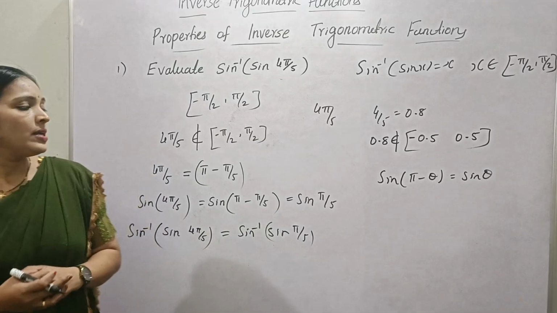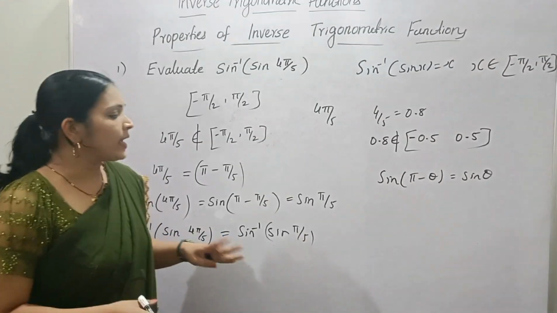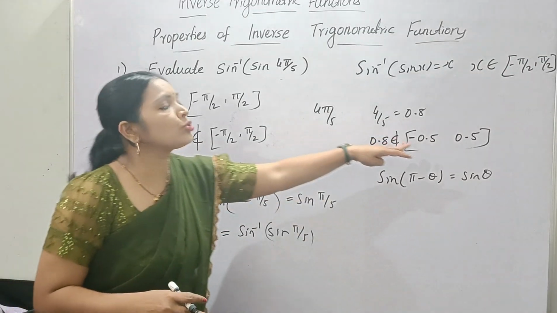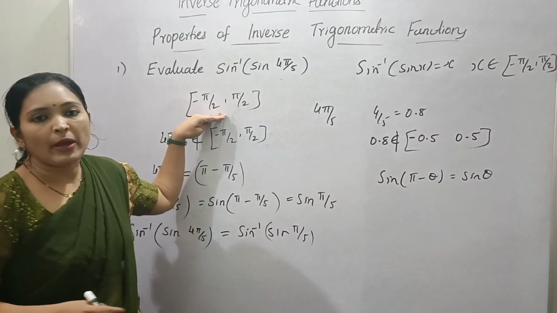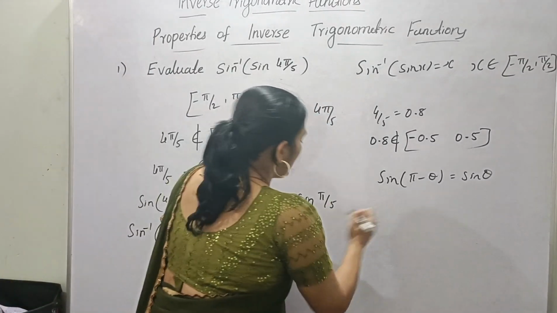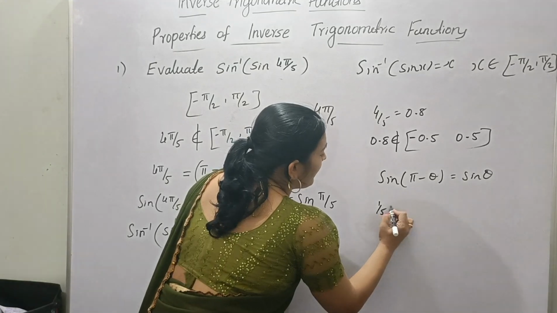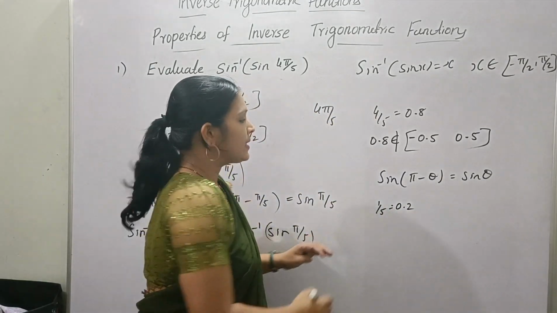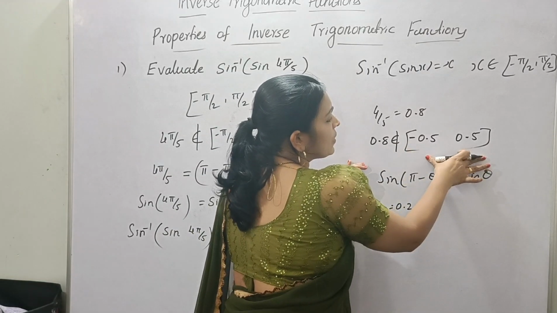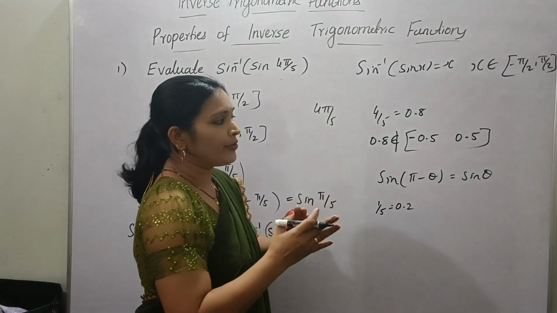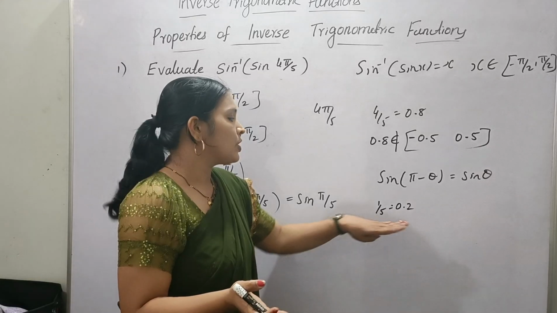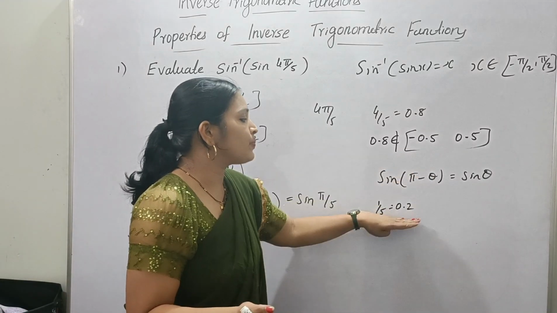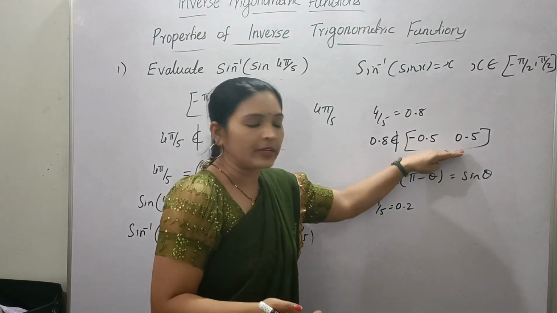Now we have to check, does pi by 5 belong to this interval, that is minus pi by 2 to pi by 2? Let us take 1 by 5, that is nothing but 0.2, right? So our interval is the closed interval minus 0.5 to 0.5. This 0.2 belongs to this interval, right?